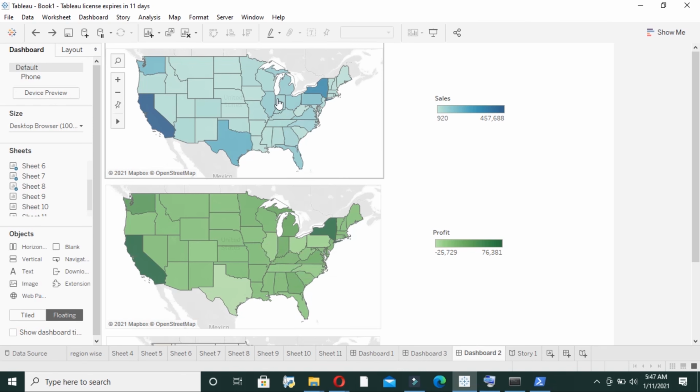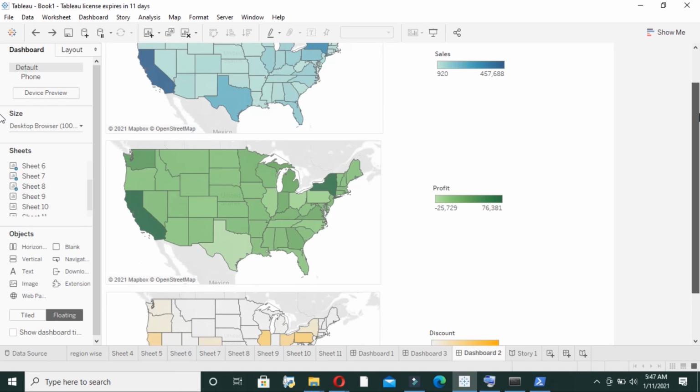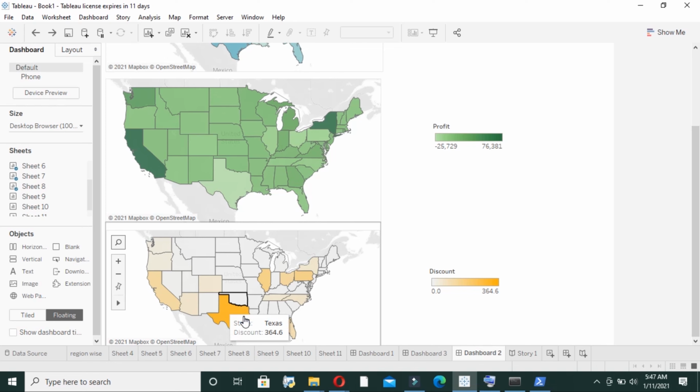And similarly in Illinois the sales are good, but the profit earned is negative. So the store should focus on these areas with negative profits in spite of good sales, to increase their profits. And here you can also see the discount map.